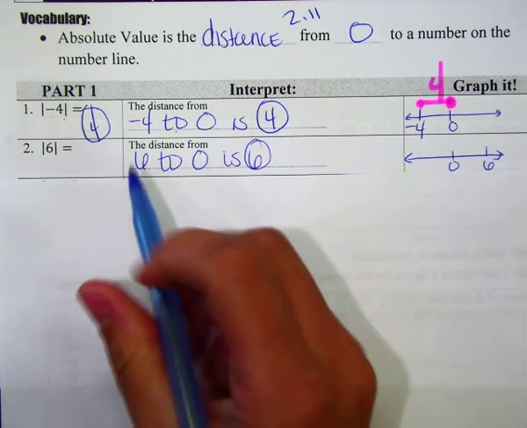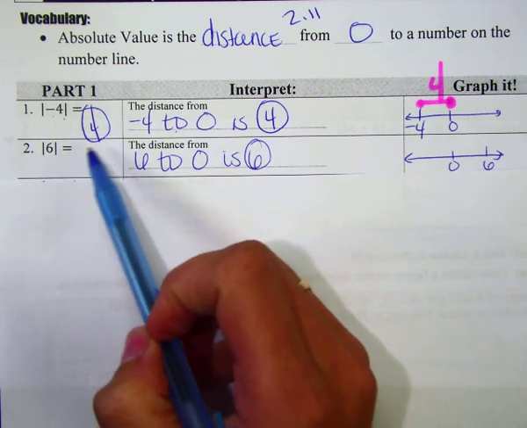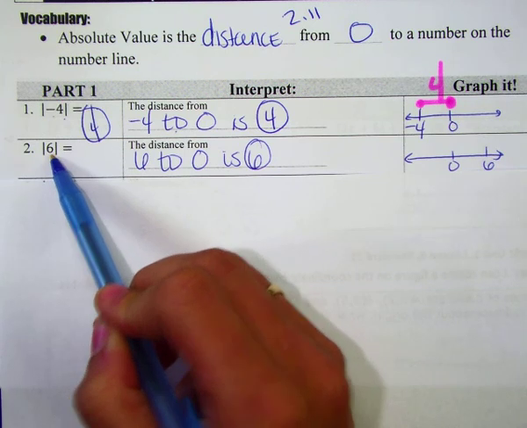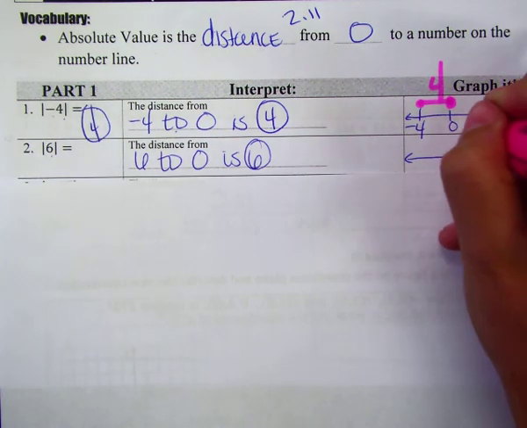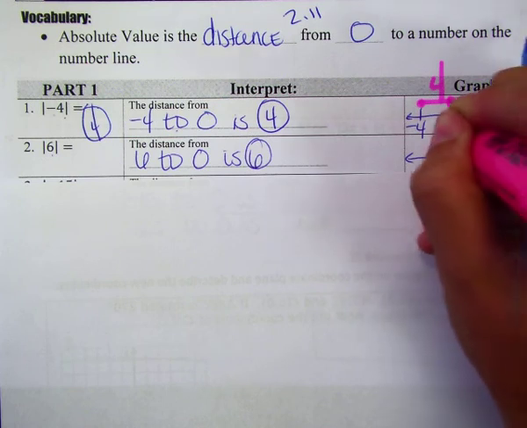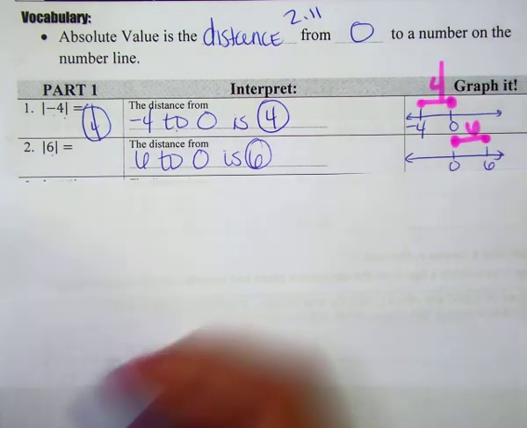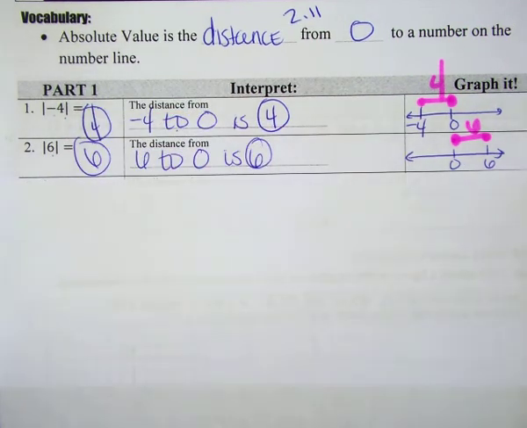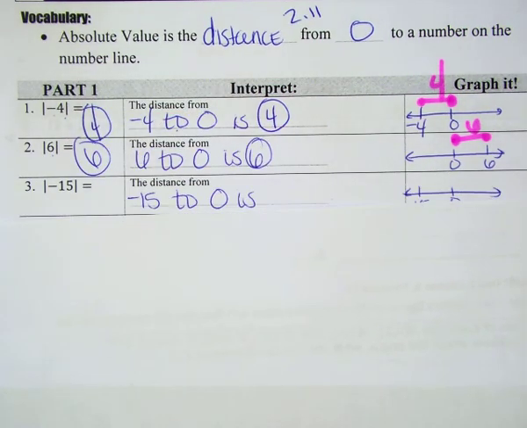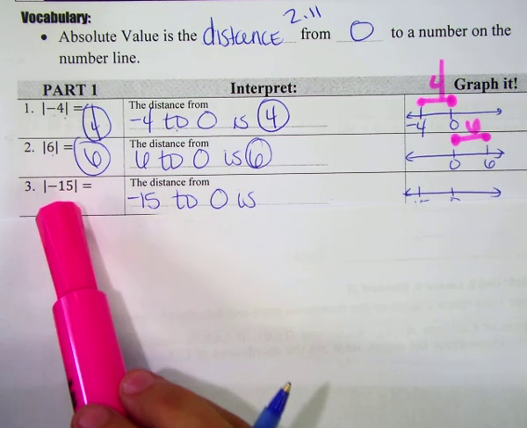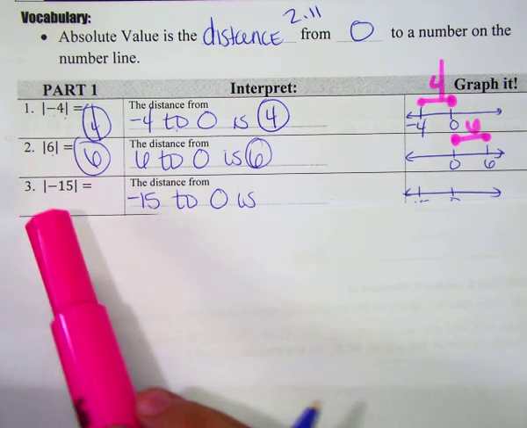Looking at number 2, this says the distance from 6 to 0 is. We go over here, we look at 6. The distance from 6 to 0 is 6. So we can answer that question. Number 3, this says the distance from -15 to 0 is.